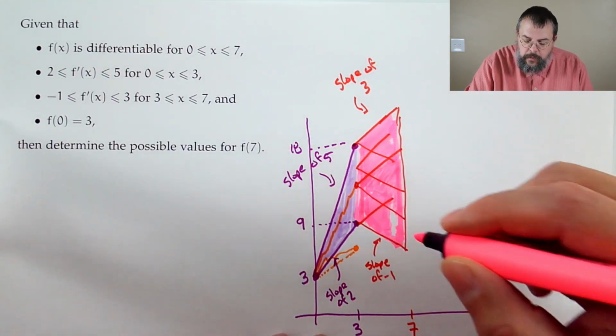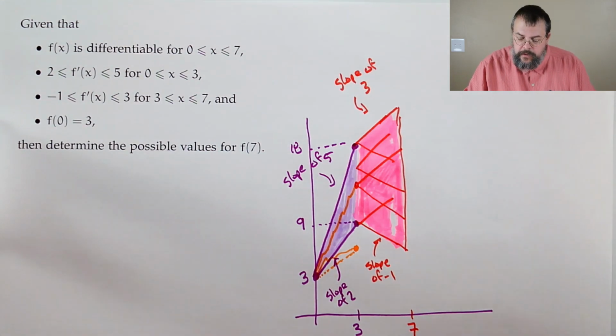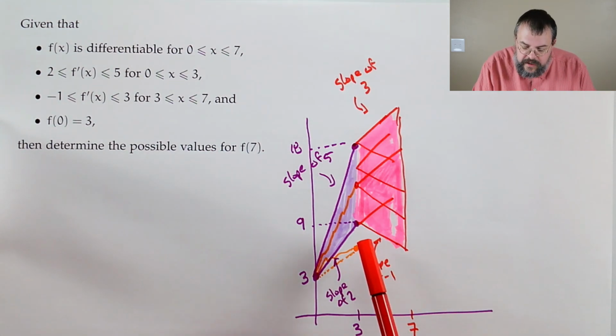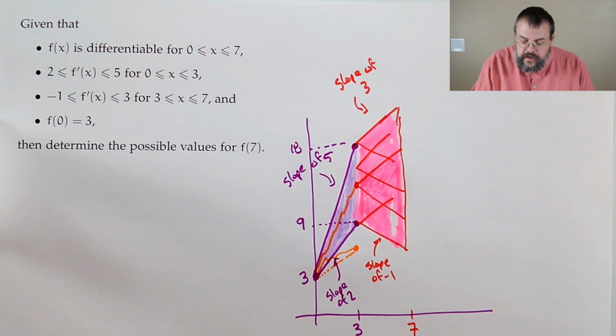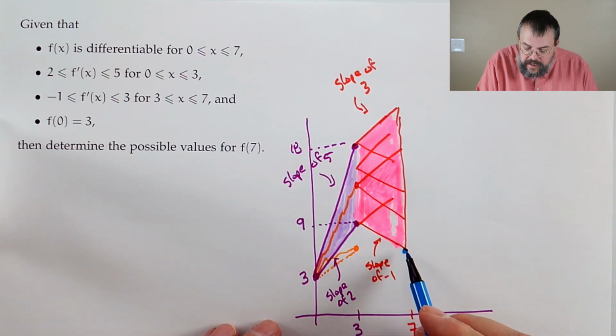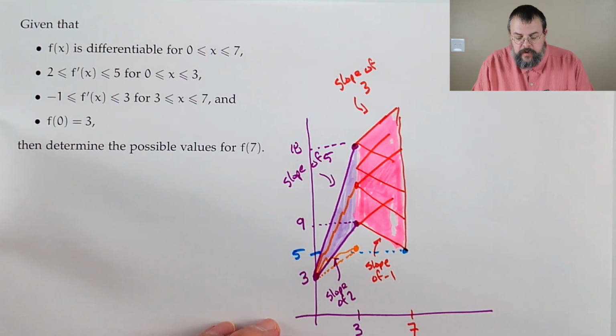But where can we possibly end up? Well, we say what happens if I start at 9, slope of -1, and then I go over by 4, because 3 to 7 is 4. That says that this place right here would be at 5, all right? Because I can go down by 4.